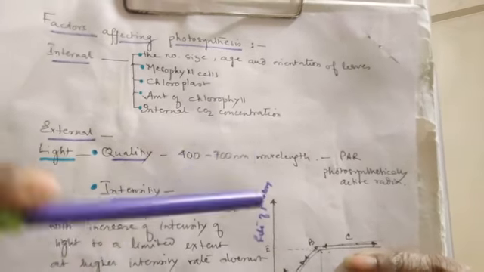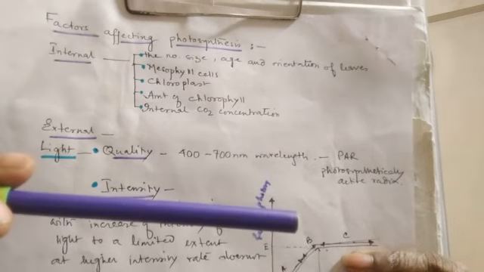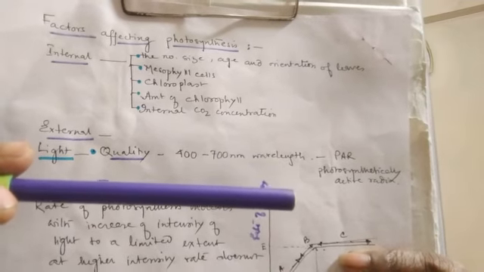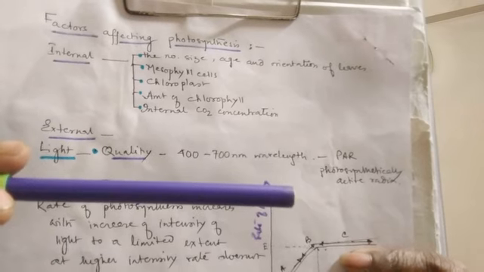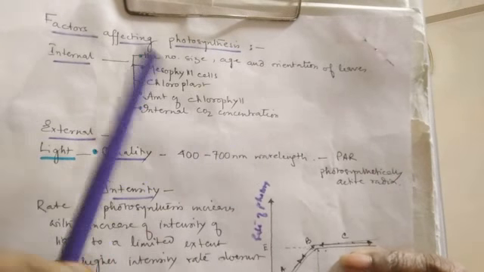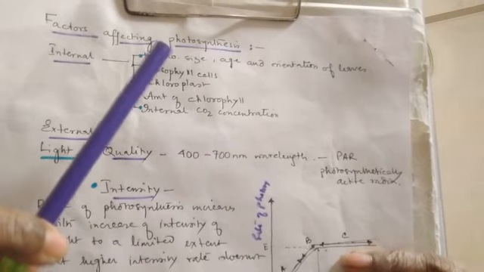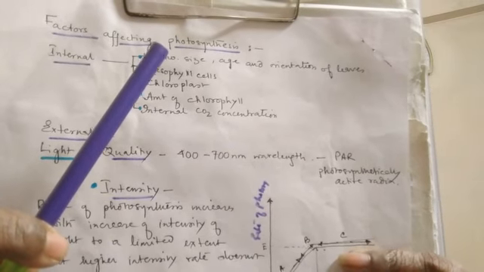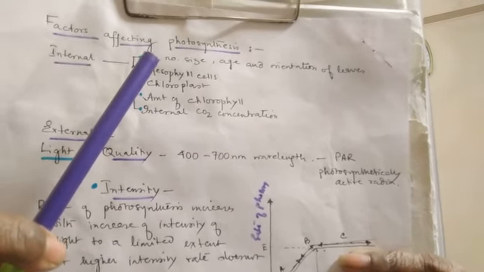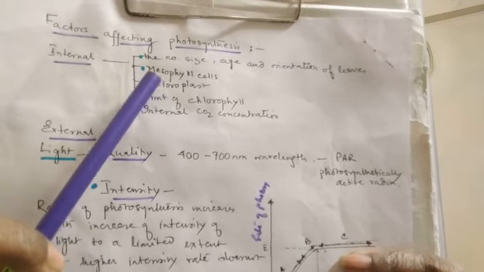Orientation of the leaves: if the leaves have this type of orientation, then the upper surface will get maximum sunlight. And in monocots, we see this orientation pattern, where both surfaces get more or less equal sunlight, so that is also important.